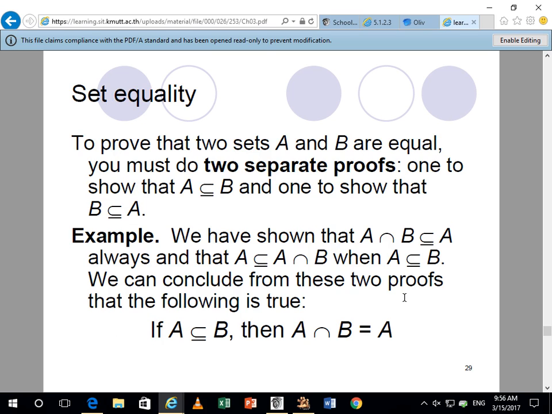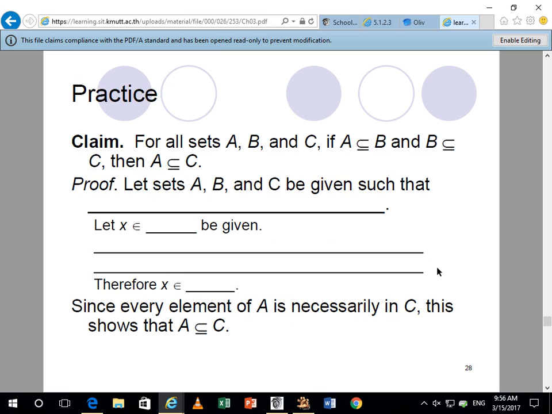Okay, any questions? It's pretty straightforward once you've seen it, but you have to do it yourself. All right.